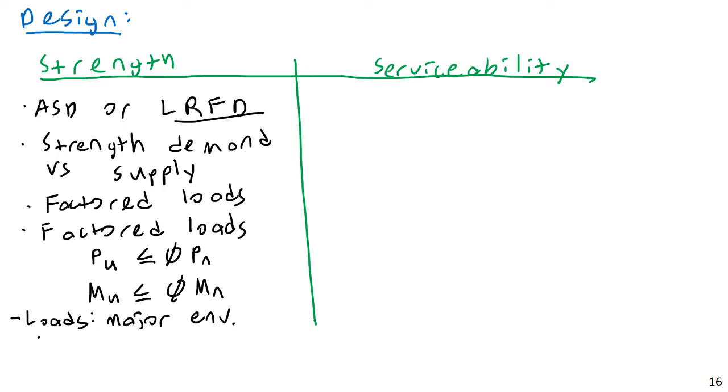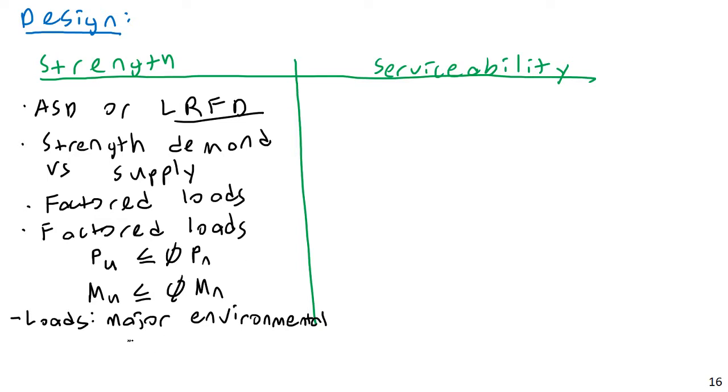If you're here in Houston, your major environmental load is typically going to be a really strong hurricane. If you're out in California, that would be the big earthquake or a major seismic event. We consider all sorts of different environmental loads, but your strength design often ends up being dominated by these major environmental effects.